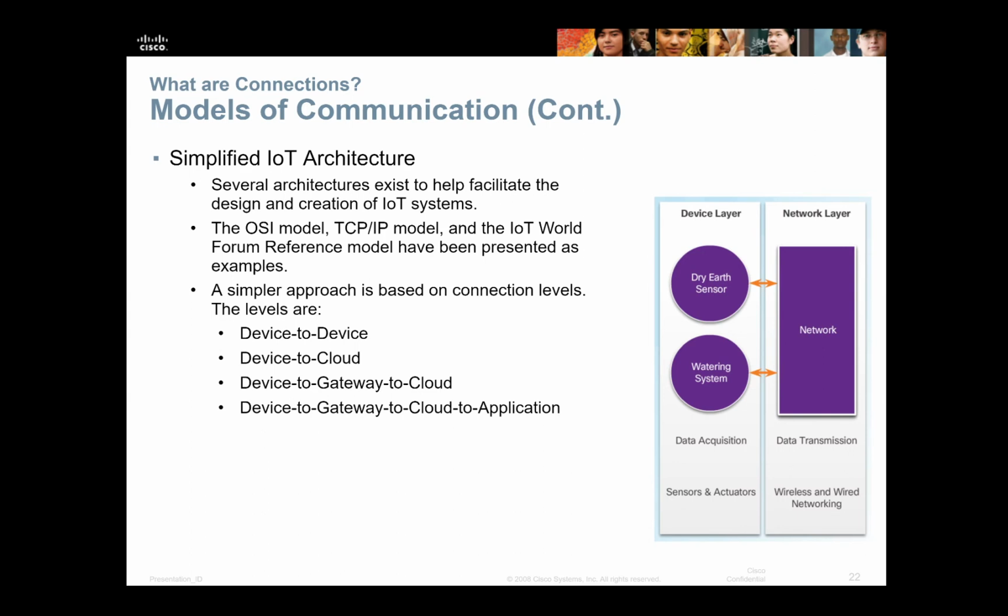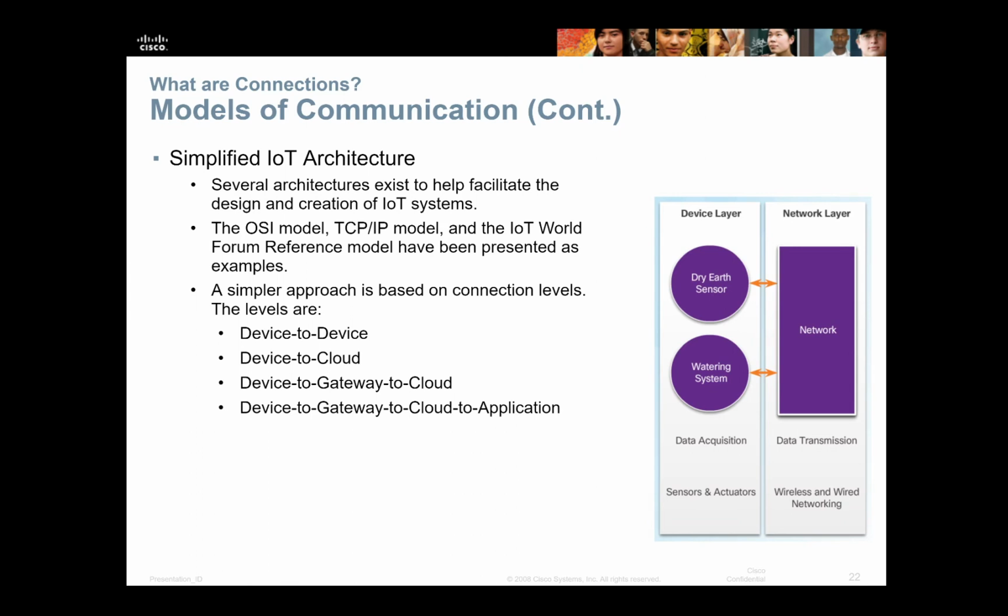There are several service providers that actually make products for that kind of connectivity. Another one is device to gateway to cloud, meaning you have a separate gateway controller to basically interact with the cloud.